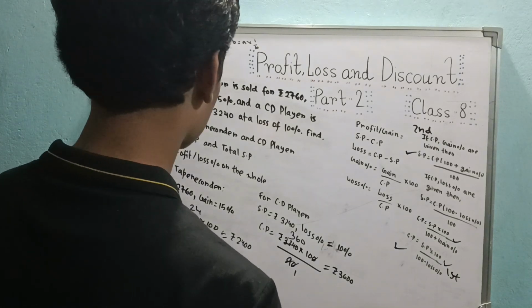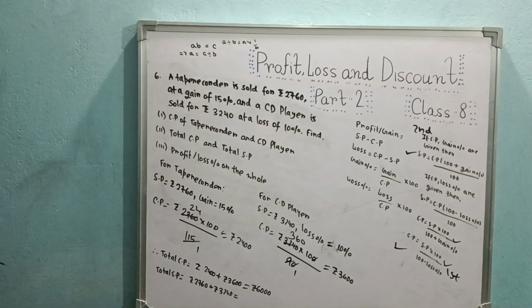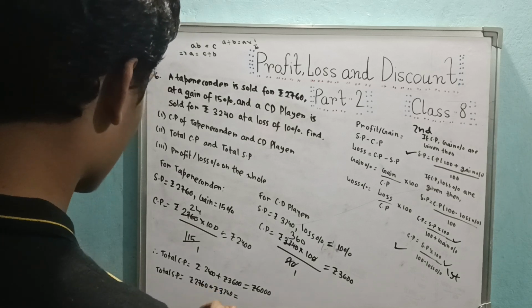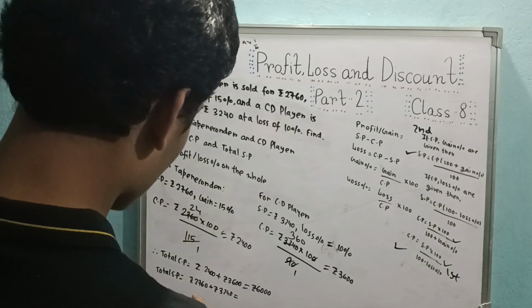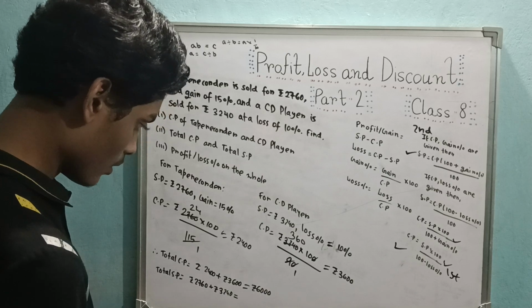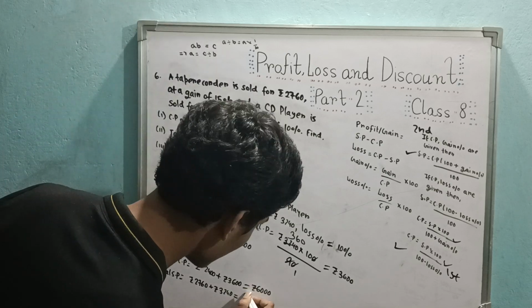Now total SP is 2760 plus 3240. Okay, that's acceptable. So total SP will be 6000, meaning if you add these two up, it will be rupees 6000.